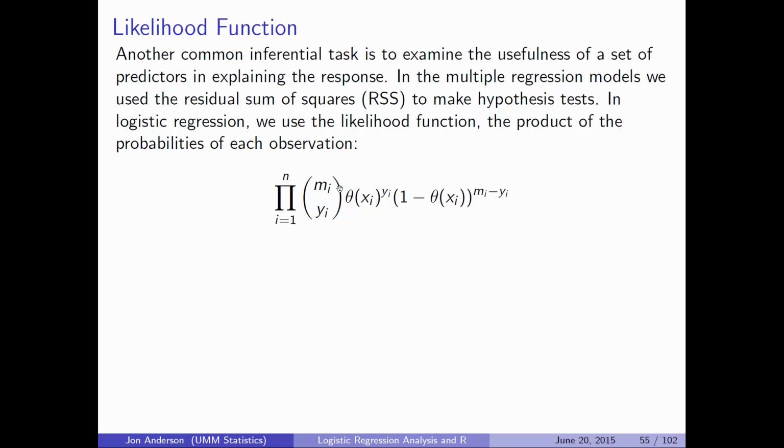In a case where we have mi trials, we have yi events out of those mi trials, and the probability of an event on this particular set of trials is theta of xi. The probability of a non-event is 1 minus theta of xi, and this is the probability function of our data.